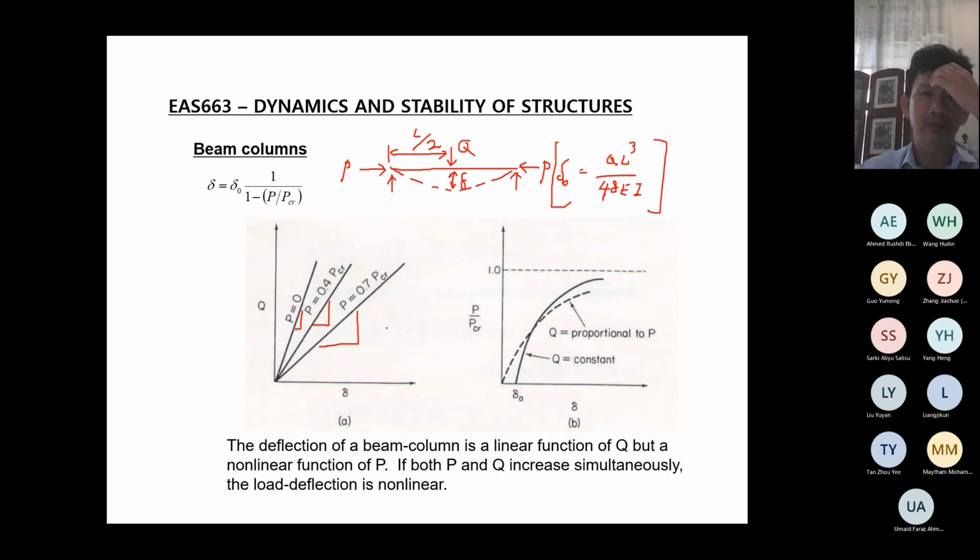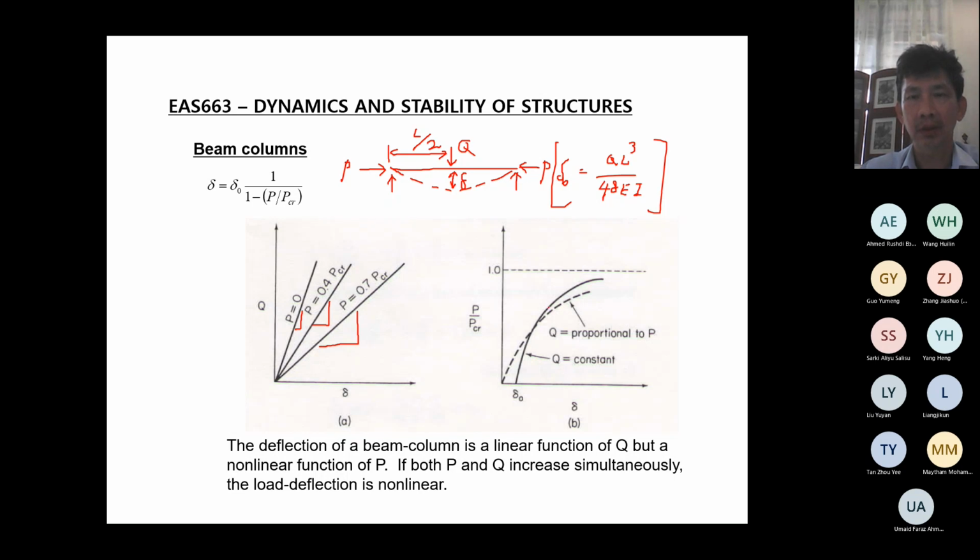Now, if we go next to this graph here, which is also obtained from these equations, the difference here is that we plot P over P critical versus delta. Here we plot Q versus delta. And there are two graphs here, one is the dotted line and the other is a solid line.